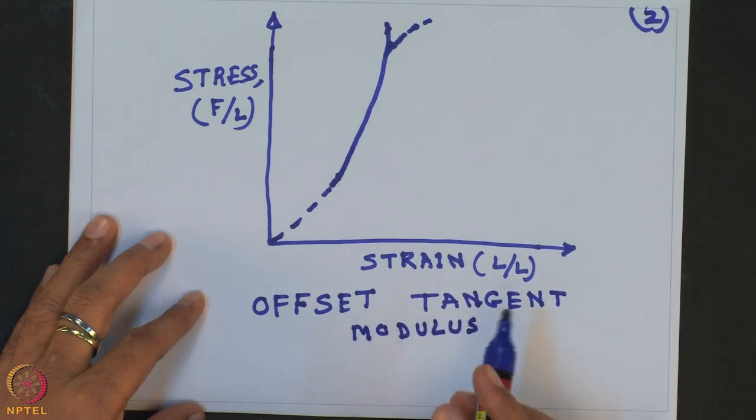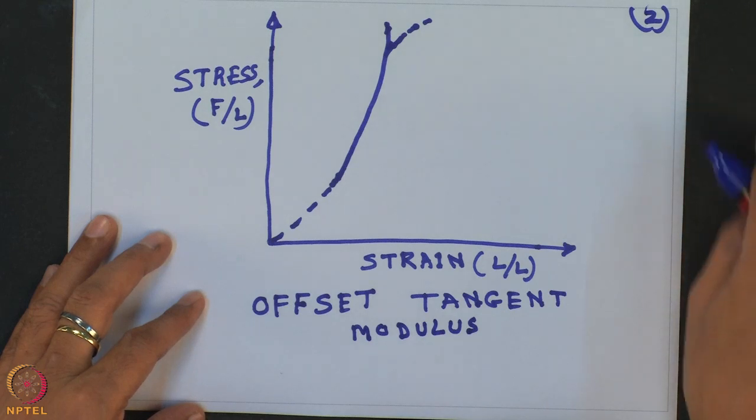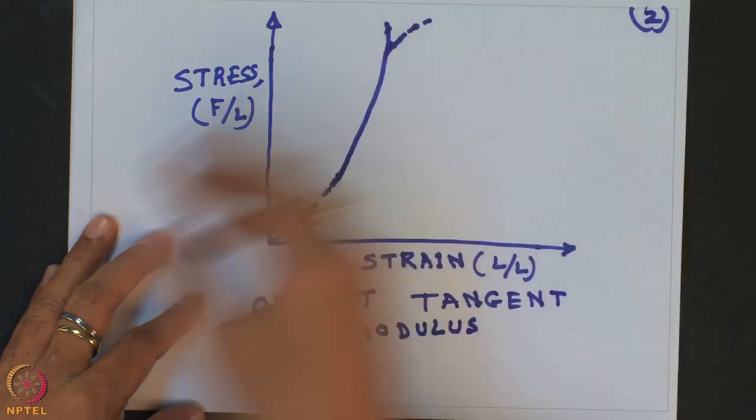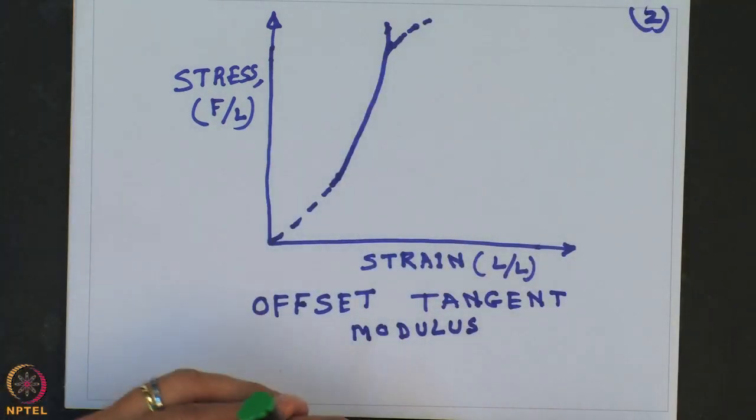So, what you have to do to determine the offset modulus?